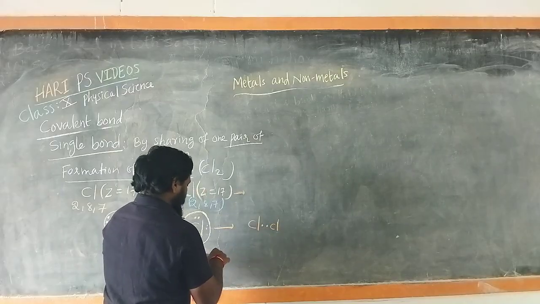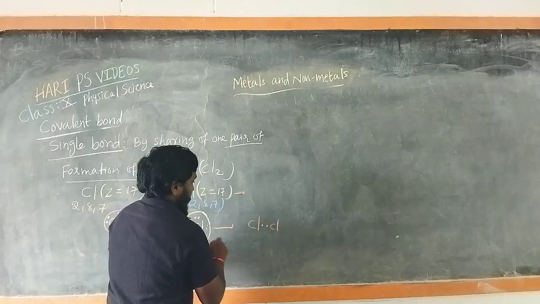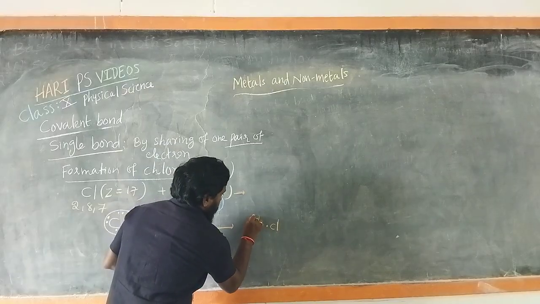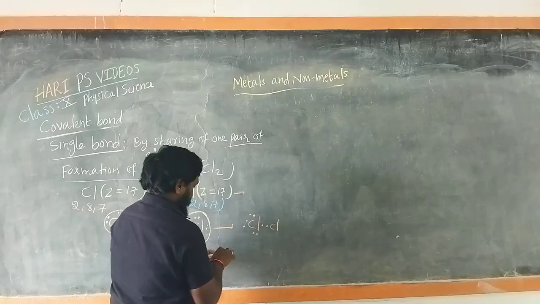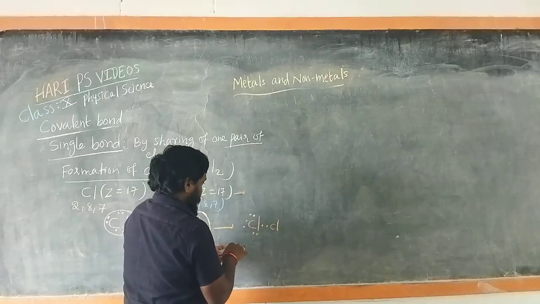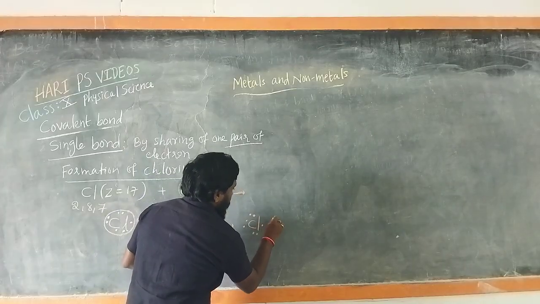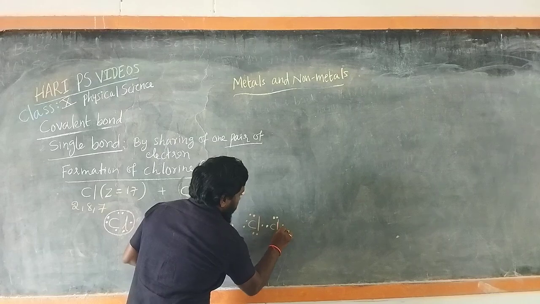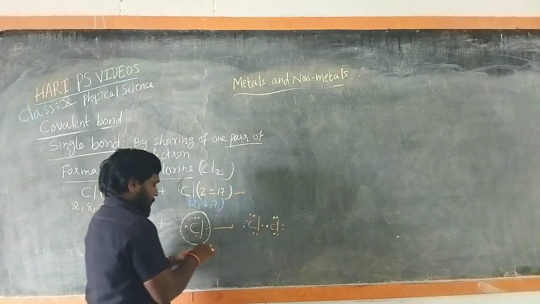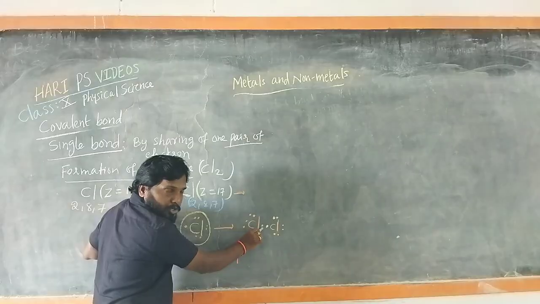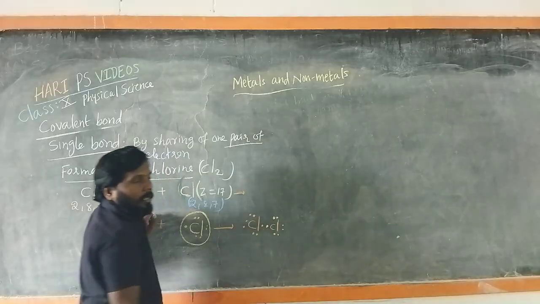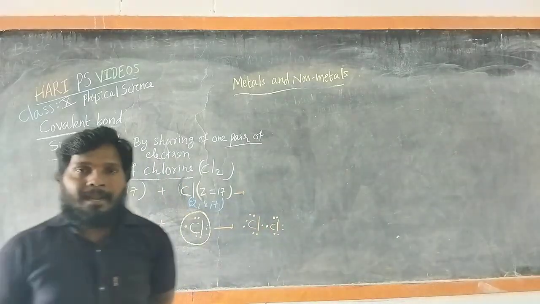So 1 electron, 3, 5, 7, then 3, 5, 7. One chlorine gave 1 electron, and another chlorine also shared 1 electron.